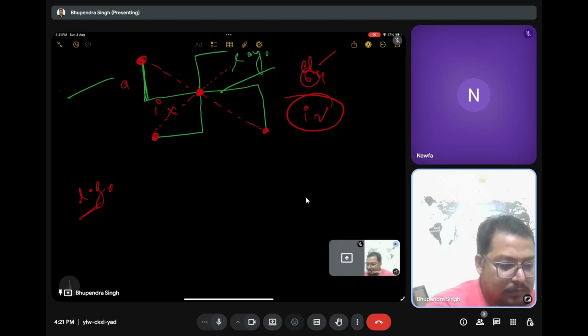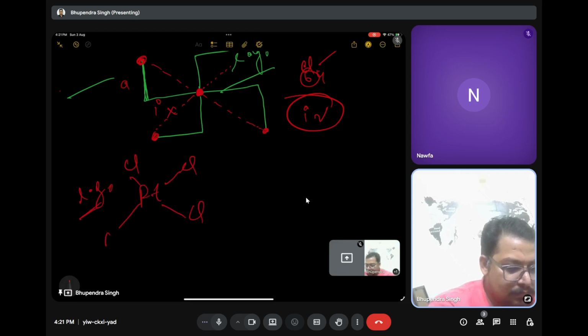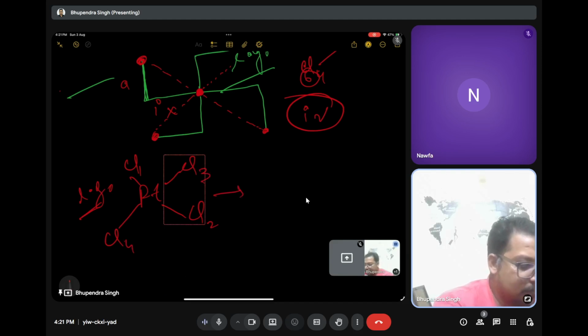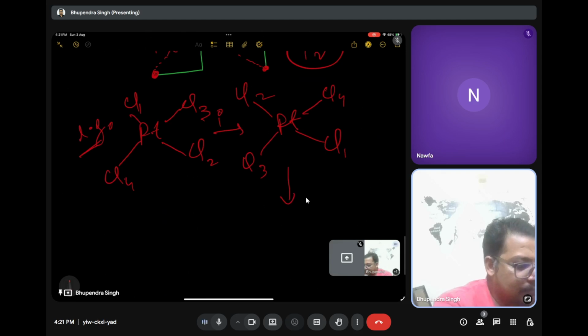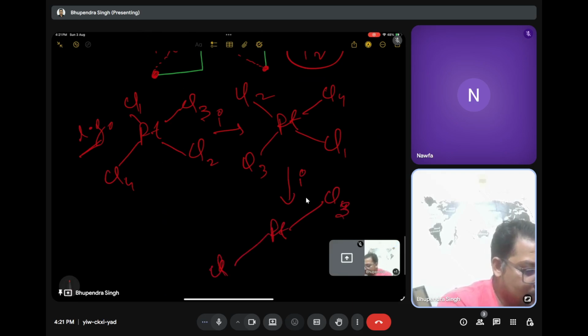I don't know, something happened. Anyway, okay, 1 2 3 4. After the inversion, they will exchange their position. 1 2 4 3 after the inversion. Again, if you apply the inversion, you will reach its equivalent position.